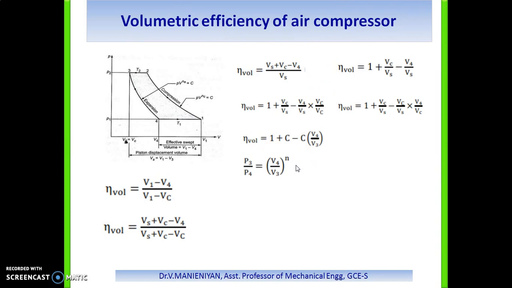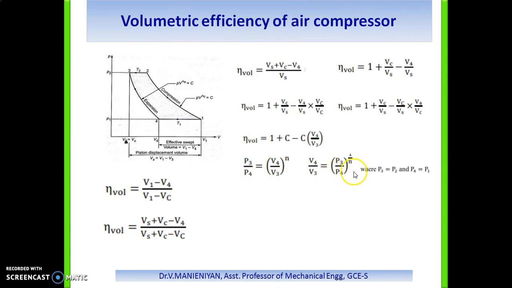Next is the pressure ratio. We know the relationship P3 by P4 equals V4 by V3 raised to the power of 1 by n.